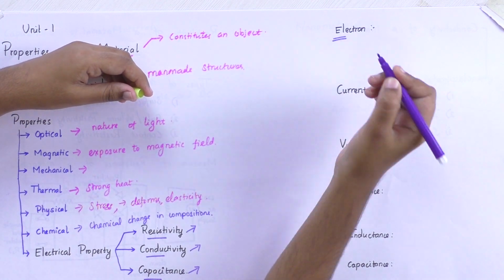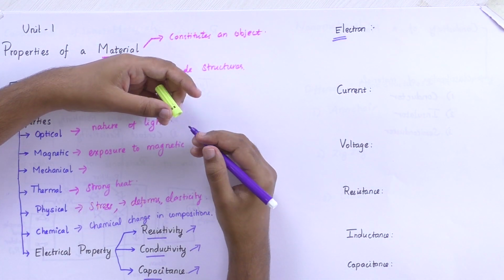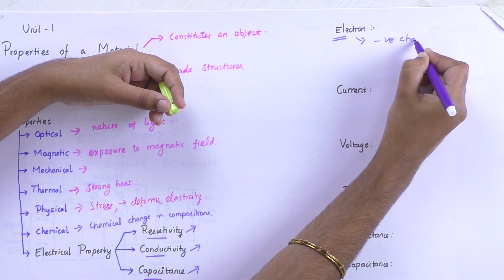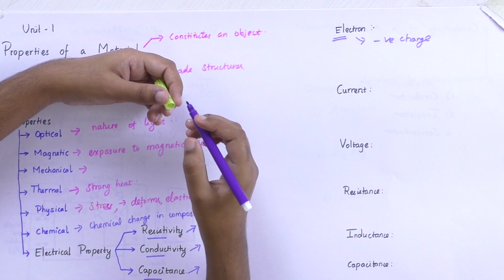Before going to these topics, we will see the basic fundamentals of electrical engineering. The first thing is electrons. Electrons will flow, charges will flow. The electron is nothing but a negative charge present in an atom.